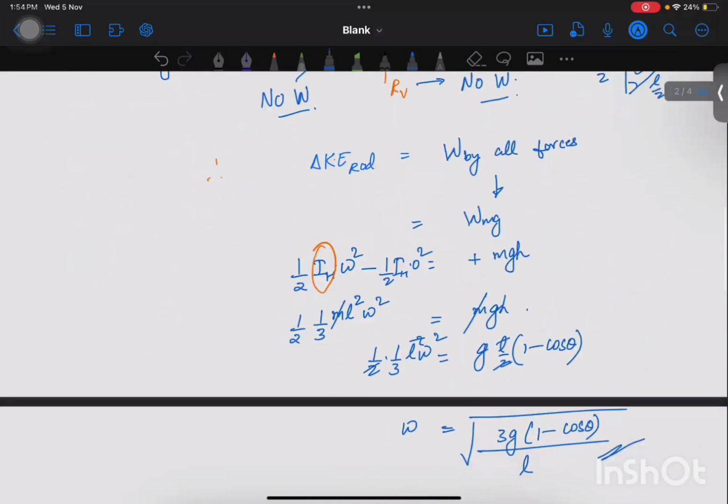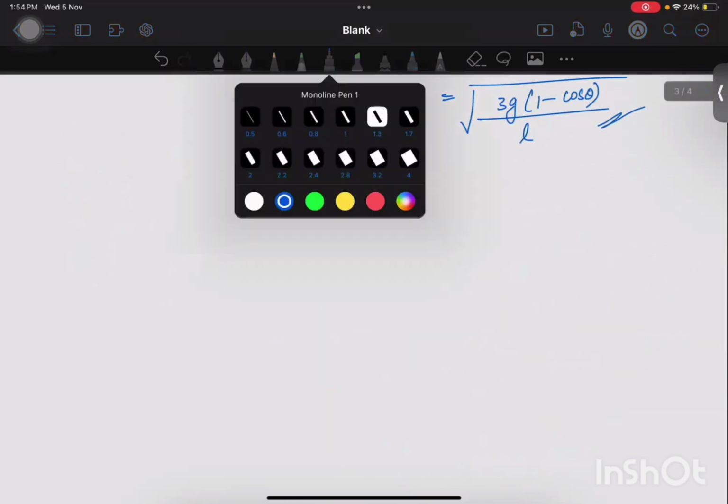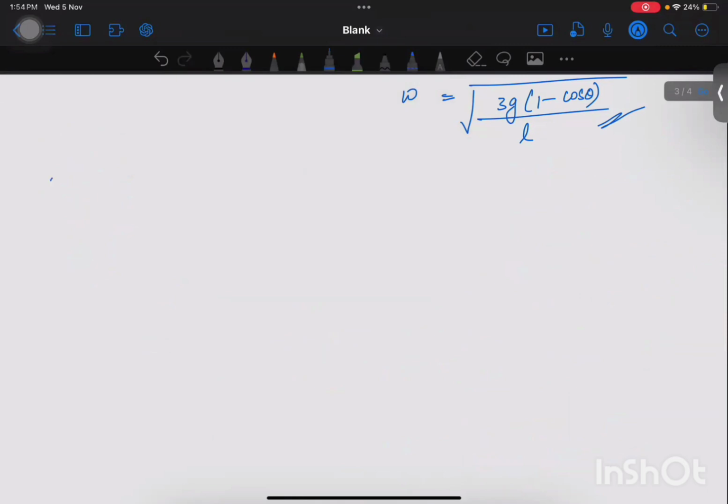All right. So now let's move on further. Okay. Let's take another case. Suppose that we have over here a pulley, a rough pulley it is.